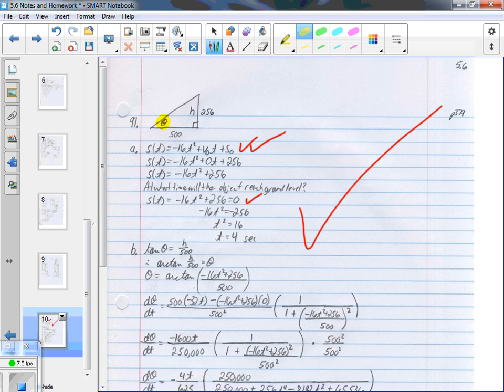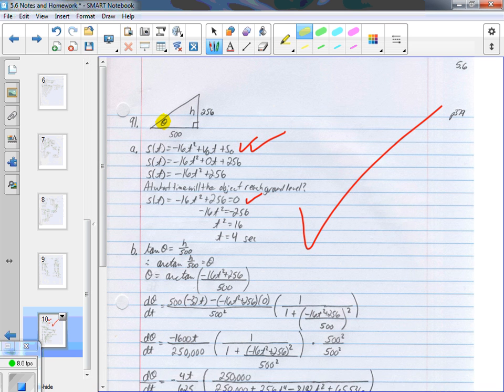Okay? Everybody understand that that's what we have to find? We have to find the rate of change of theta. That means we have to find the derivative of theta with respect to time. Okay? Because it's going to be a function of time, isn't it?